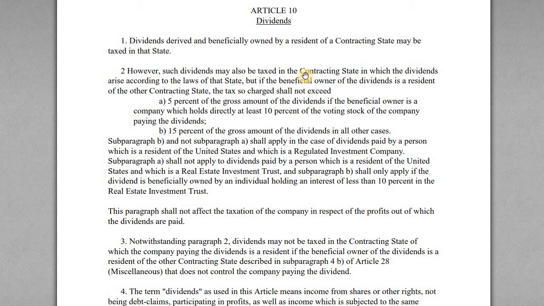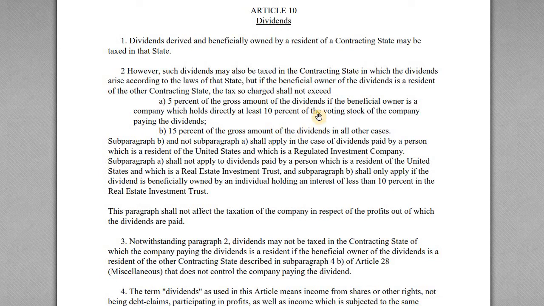So paragraph 2 is what we need to cite as our relief here. So such dividends may also be taxed in the contracting state in which the dividends arise. But if the beneficial owner is a resident of the other state, the tax or charge shall not exceed 5% of the gross amount if the owner is a company and that holds at least 10%, or 15% of the gross amount in all other cases, right?